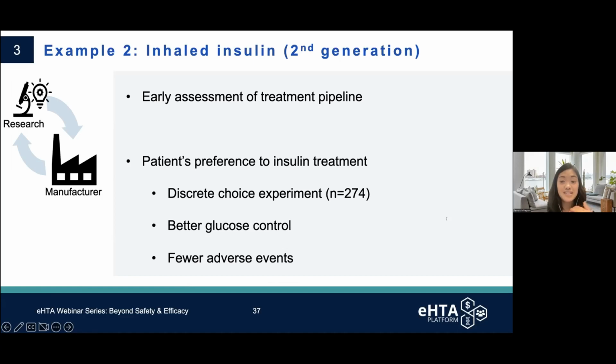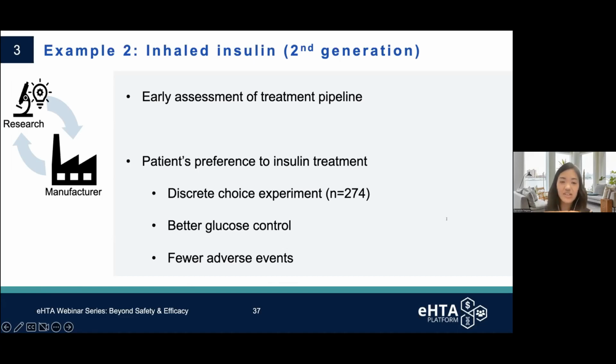And what the study found was that the main drivers patients look at when making decisions about insulin treatment are better glucose control and fewer adverse events. It had nothing to do with how insulin is administered.